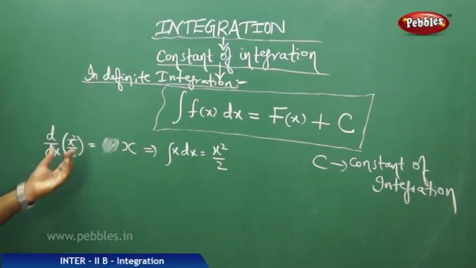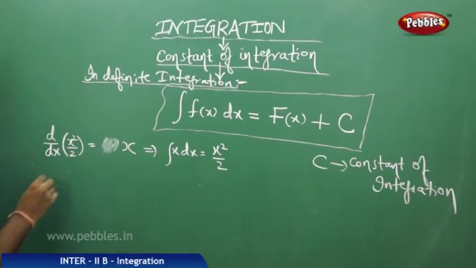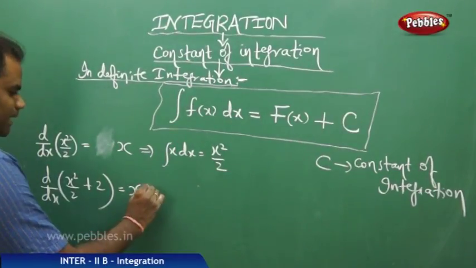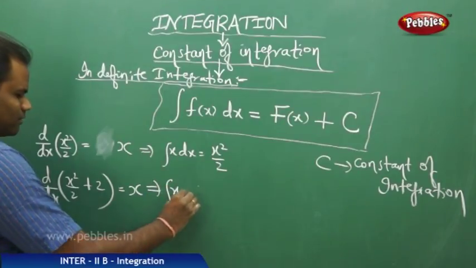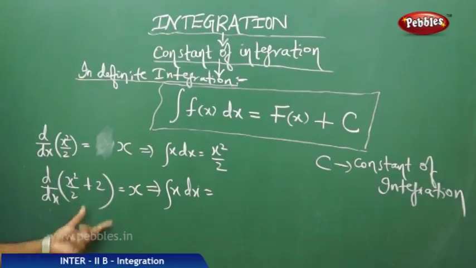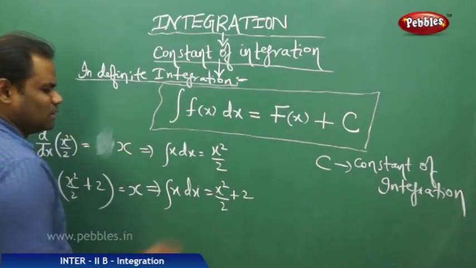So integration of this is this, because derivative of this is this. Similarly, if I take d by dx of x squared by 2 plus 2, this also implies that the integration on the right side is equal to the anti-differentiation, that is x squared by 2 plus 2.